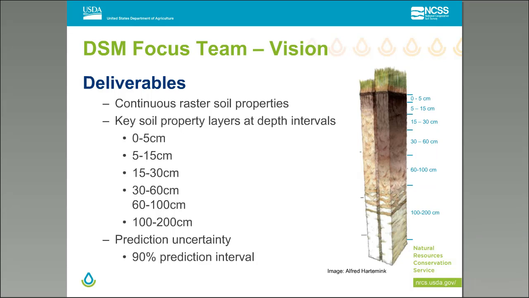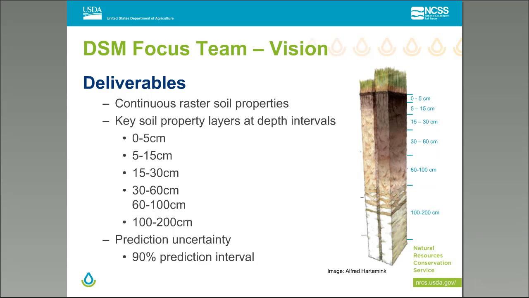One of the first things that we see as being important, in particular in meeting needs that aren't necessarily well met with the traditional data products that are available through the soil survey division, is a raster soil property data set. This would be a gridded data set, and instead of representing classes, it would represent individual properties, and it would do so at different depth increments.